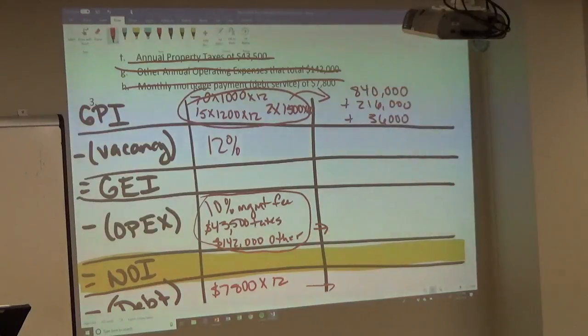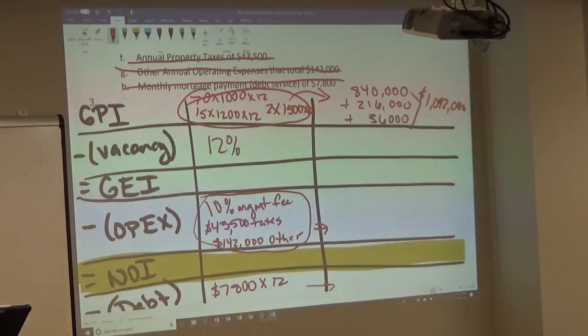So if we add all that together, we get a gross potential income of $1,092,000. That's our gross potential income.